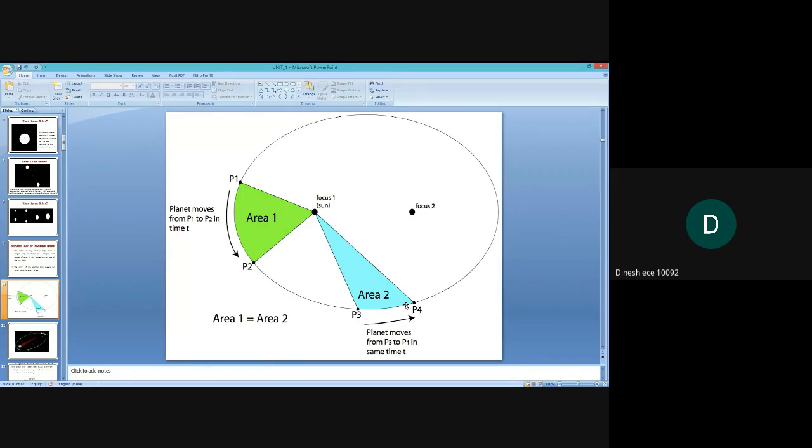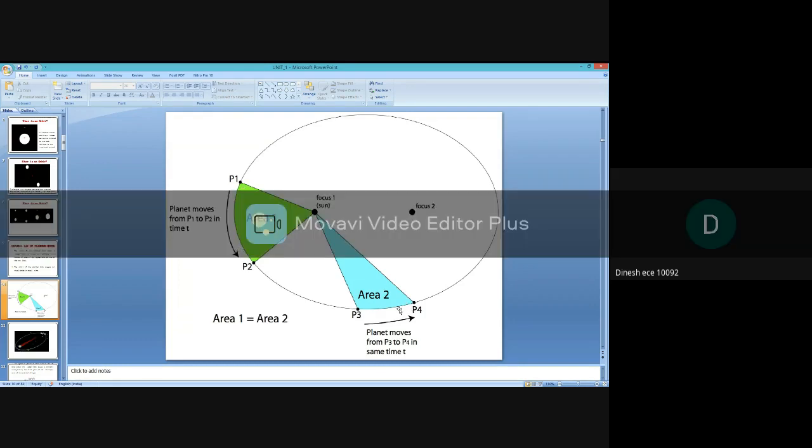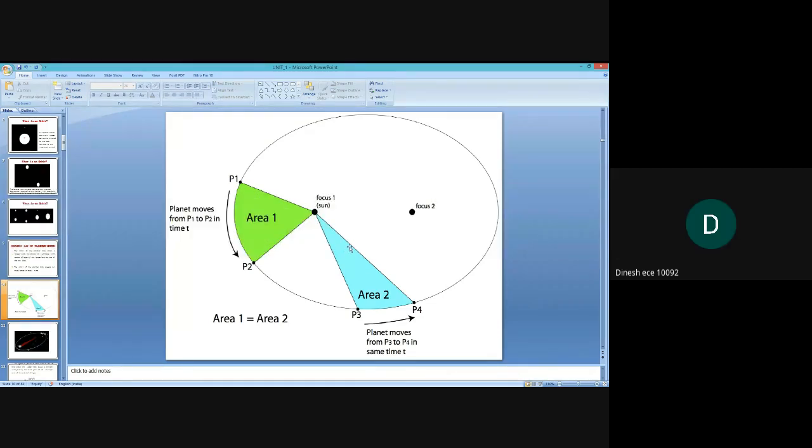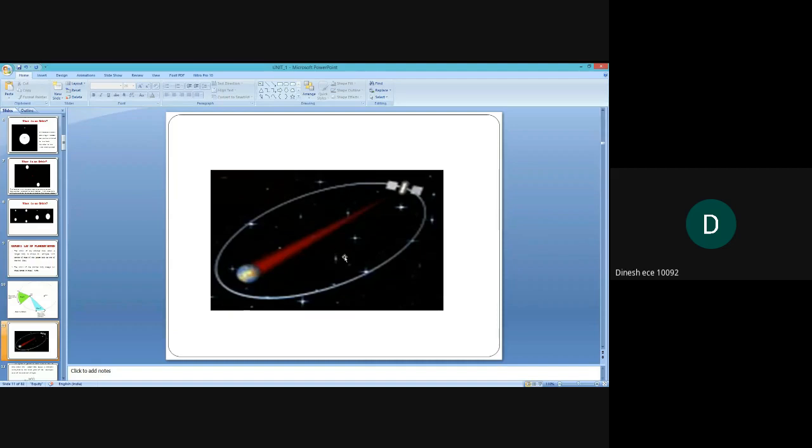The planet is moving very much closer here and very much farther away there, but within the same specified time. So this is Kepler's law.